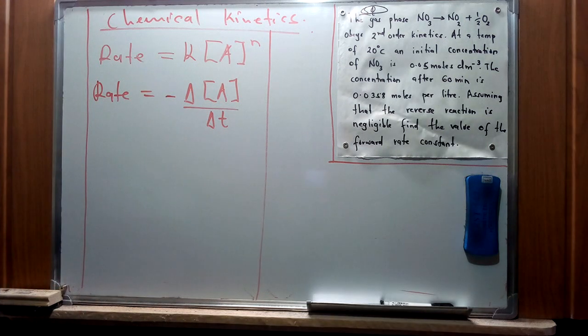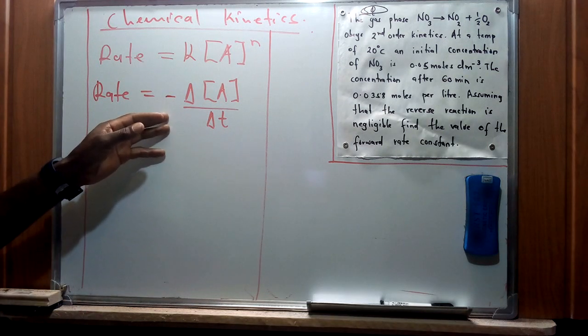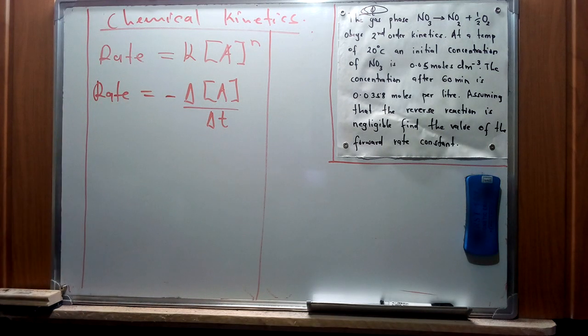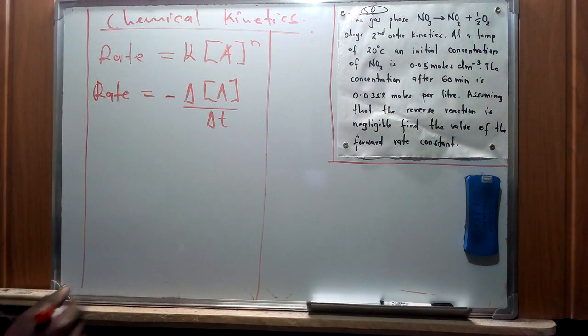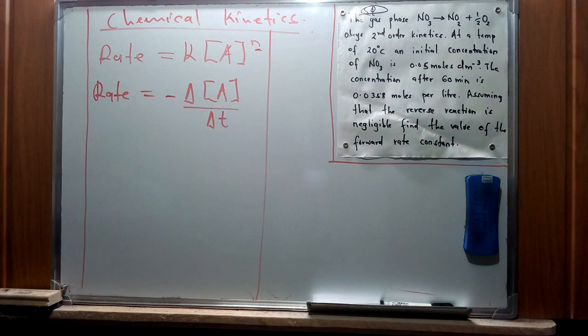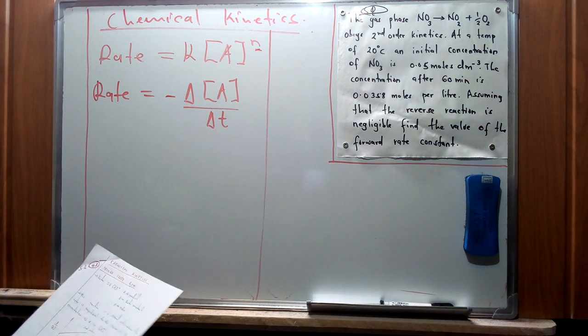This negative implies that the concentration of the reactants is decreasing with time. For the second order kinetics that I've given, there's going to be a different representation of this equation, from a general to a specific one.